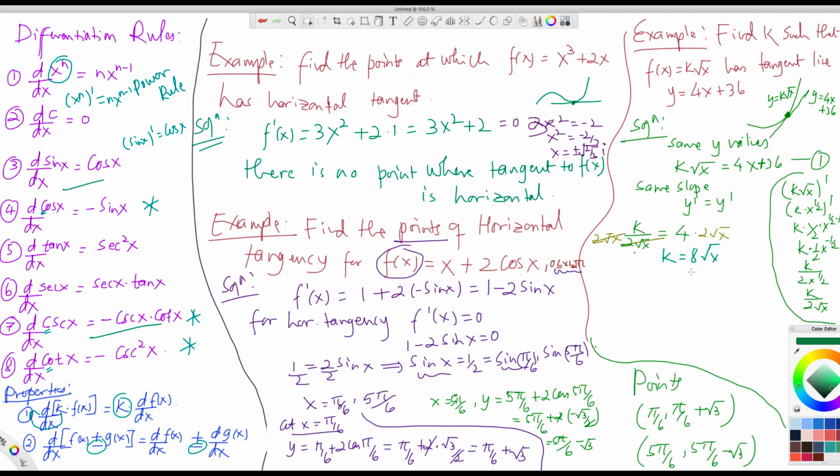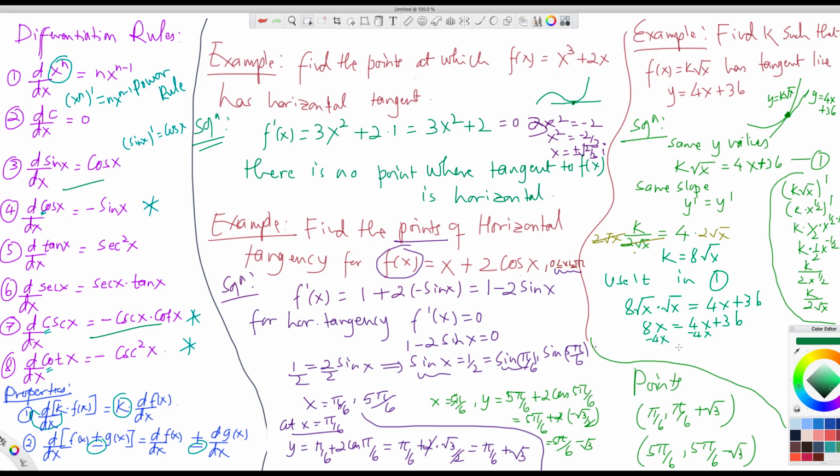And what you do is use that k value in equation 1. You get 8 root x, that is k, times root x. I'm just plugging in that k value, equals 4x plus 36, right? So it is 8x equals 4x plus 36. So subtract 4x, and you will get the x value.